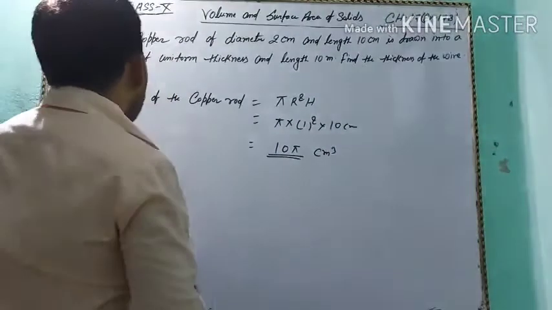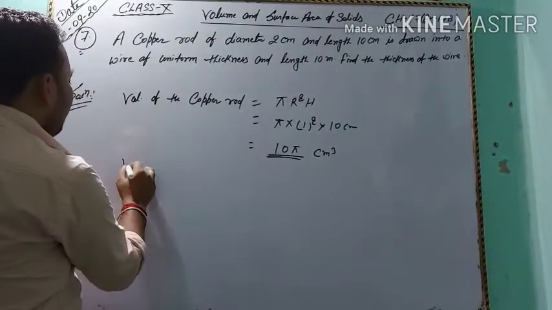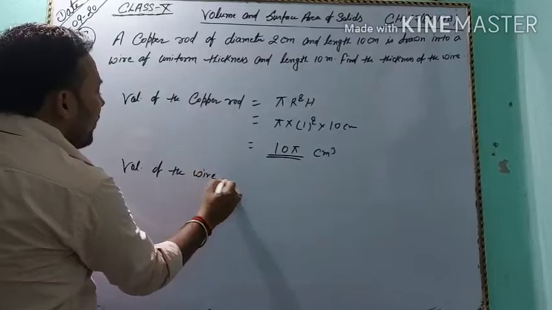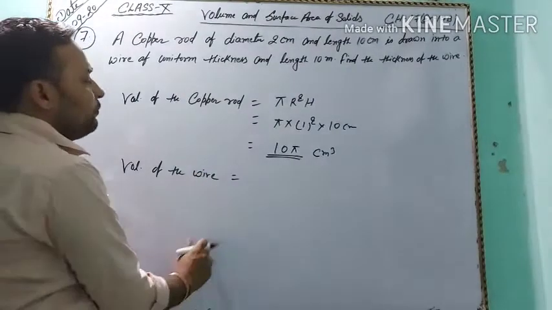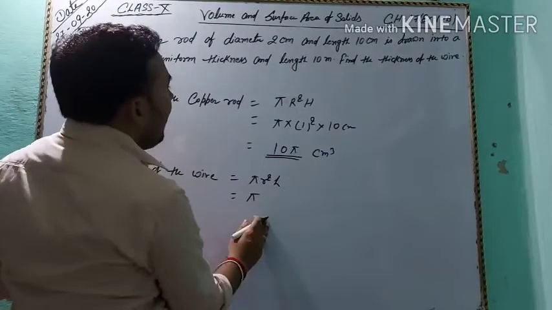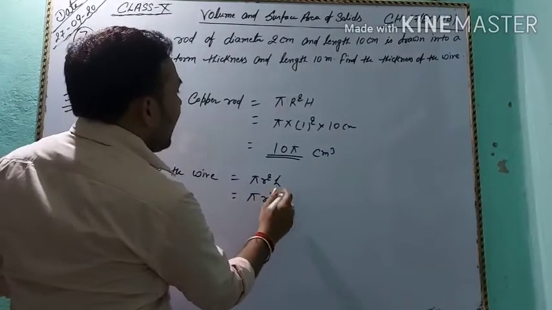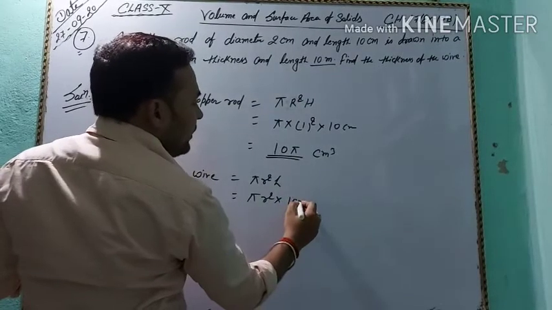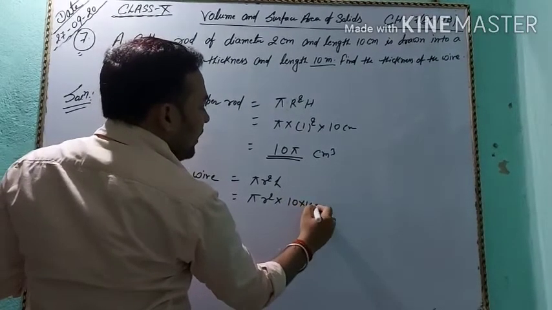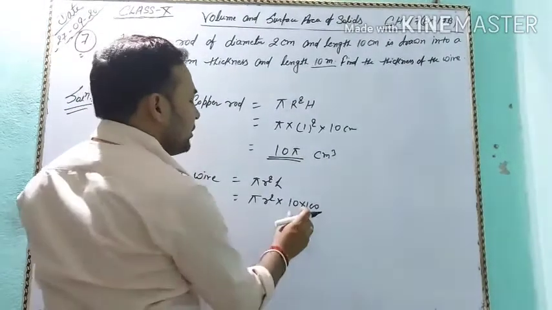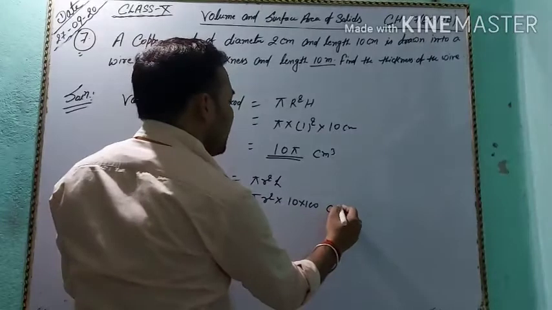Okay, so volume of the wire is equal to pi r square h, that is pi and r square and h is 10 meter, 10 multiply 100. 1 meter equal to 100 centimeter, that is 10 meter equal to 10 multiply 100 centimeter.